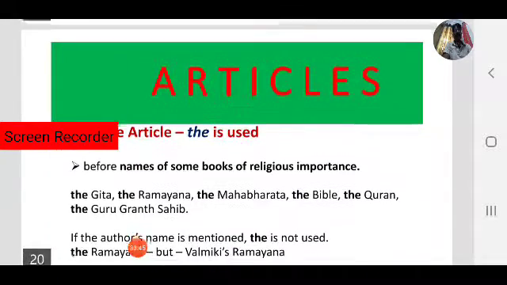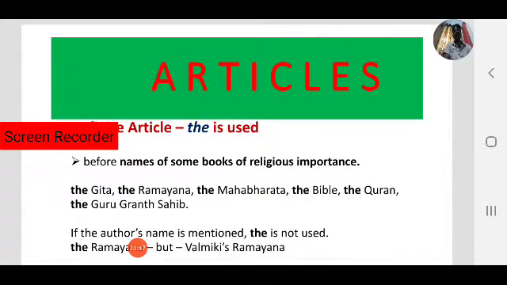Another case. Next, before names of some books of religious importance, note it down. Before some books of religious importance, the Gita, the Bhagavad Gita. So never use a Bhagavad Gita or an Bhagavad Gita. The Bhagavad Gita, the Gita, because it is of religious importance.